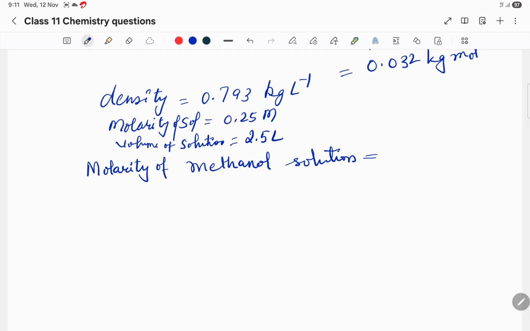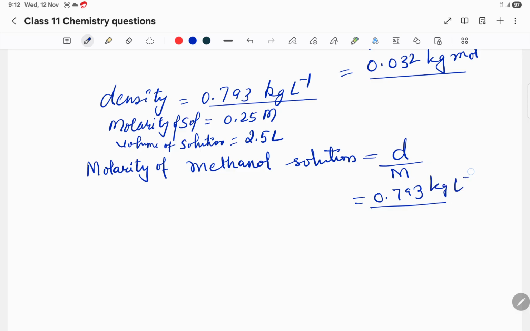What we are going to do, we are going to divide the density with the molar mass. Density divided by molar mass. Okay, it is 0.793 kilogram liter inverse. I'm going to tell you why we are doing so.